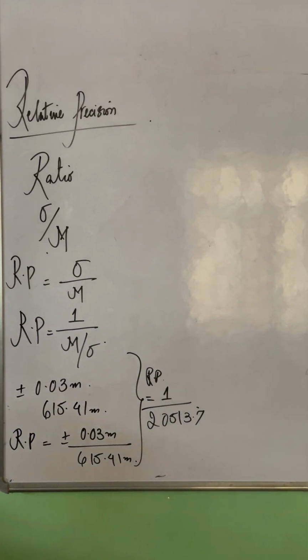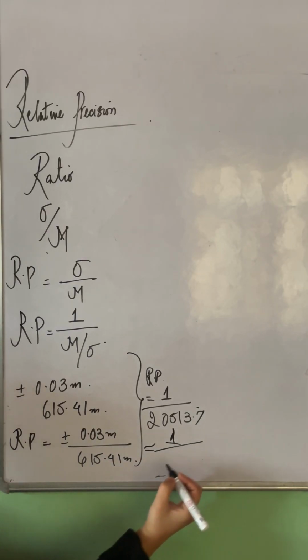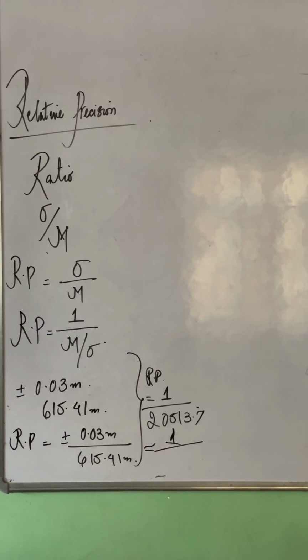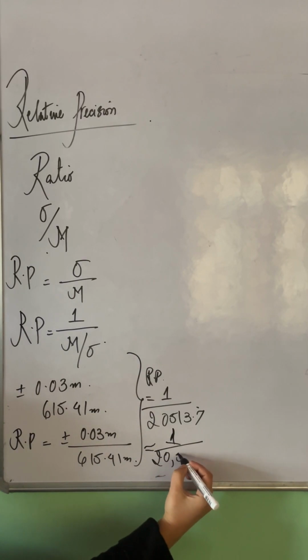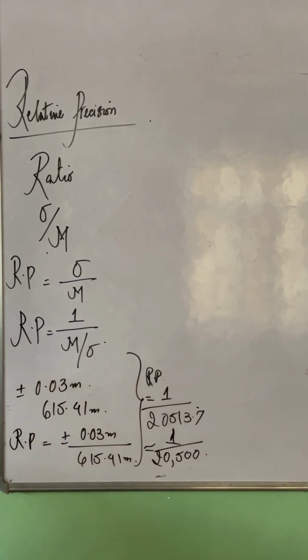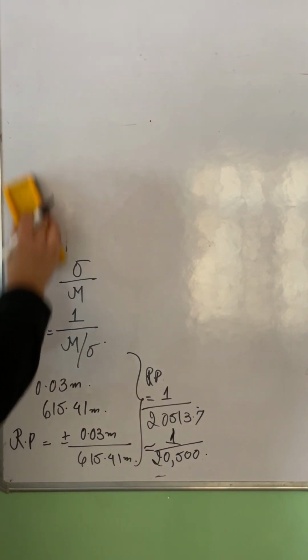So let's suppose approximately the relative precision is 1 by 20500. All right, so this was about relative precision, which is a ratio between standard deviation and the mean value of the measurement or a quantity. Moving on.